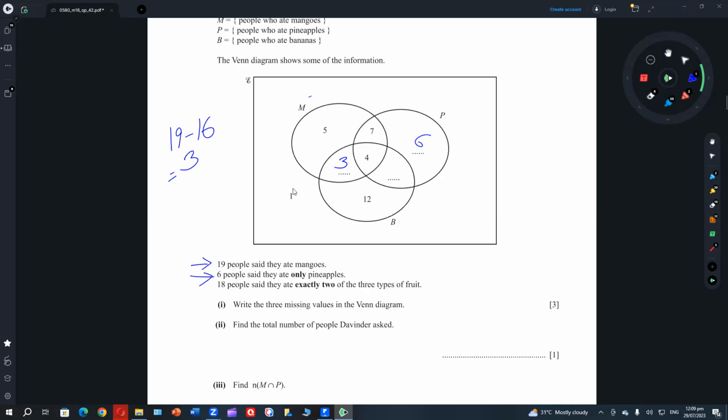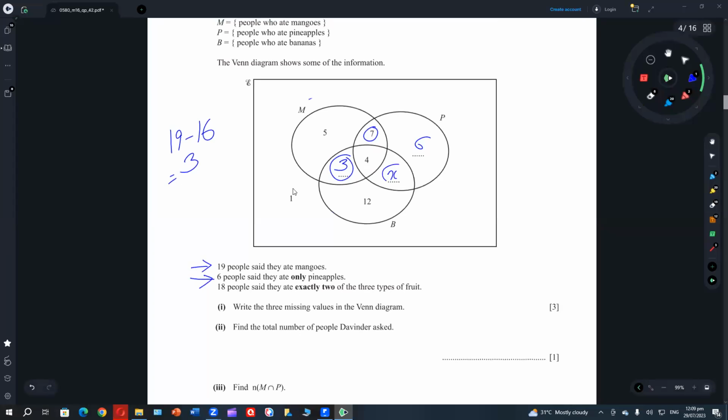18 people said they ate exactly 2 of the 3 types of fruit. So pineapple and banana. Exactly 2 of the 3 fruits. Exactly 2 means this is the number, this is the number, and this is the number. Let's say this number is X. I should not take this number, it is 3.